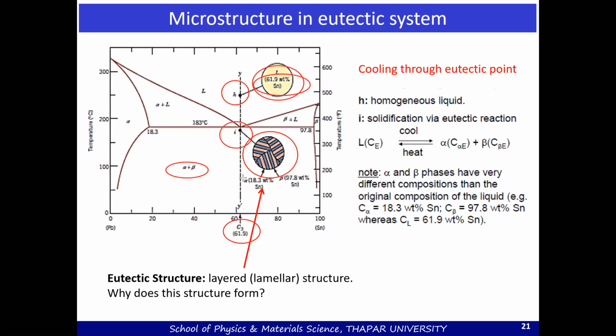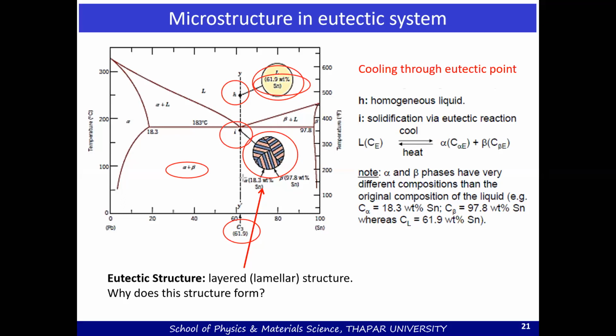This kind of structure where you have alternate layers of alpha and beta being formed is called the lamellar structure. The layered structure is being referred to as the lamellar structure. This is the specialty of eutectic composition. Whenever you cool through the eutectic point, your homogeneous liquid gets converted into eutectic alpha and eutectic beta.